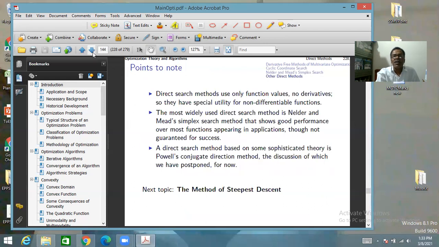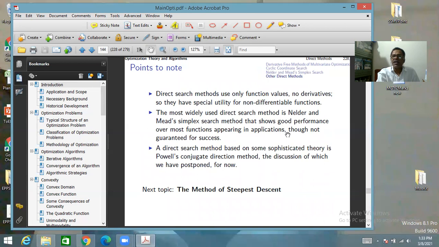So these are the things which we have done in this lecture. First, we discussed the properties, advantages and disadvantages of direct search methods. They don't use derivatives. They're applicable also on non-differentiable functions, and they avoid the cost of derivative computation.